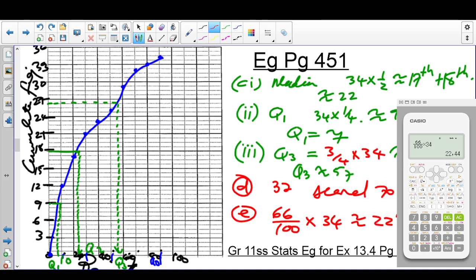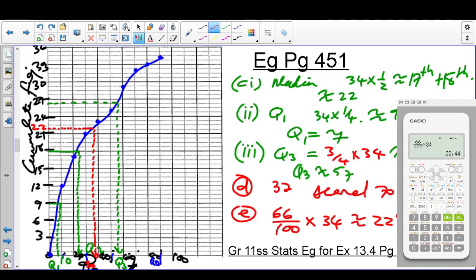So we go with the 22nd. So 21, so 22 is approximately there. So we just take this reading as it comes down there. So that is 30. So it's between 30 and 40, close to 40. So I would say approximately 36.